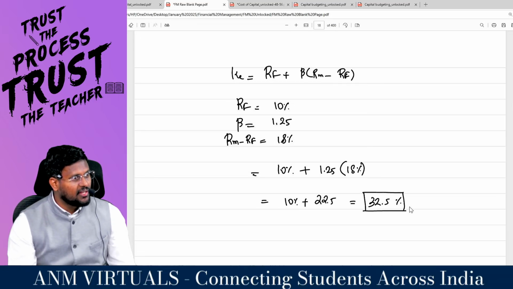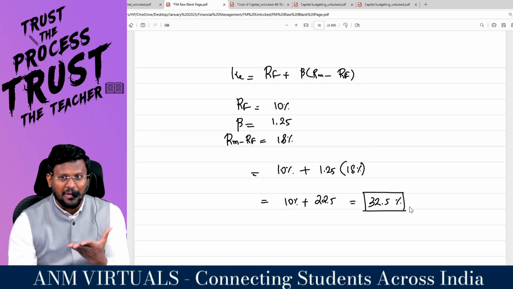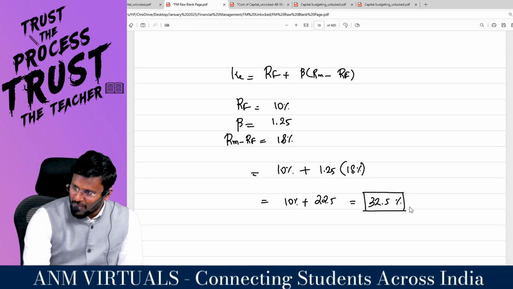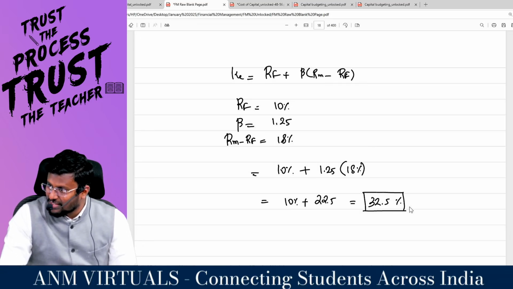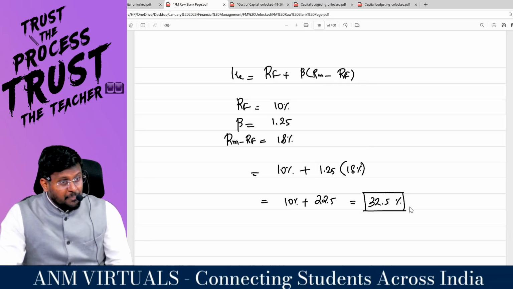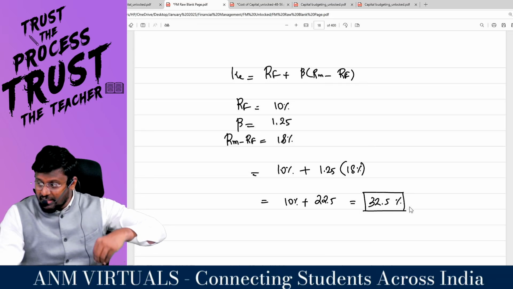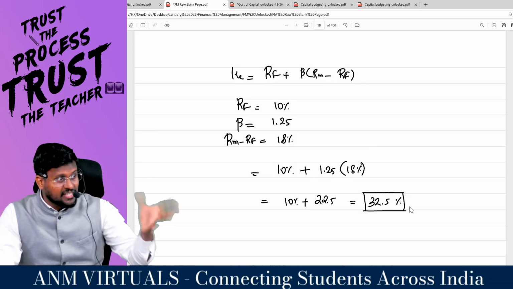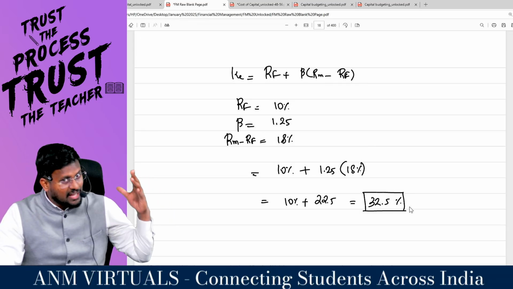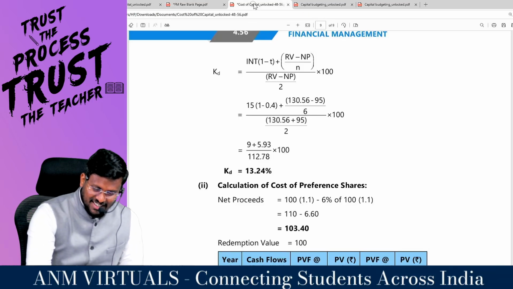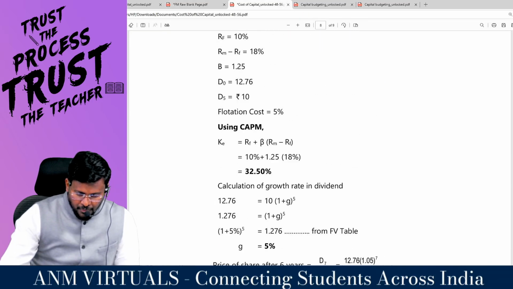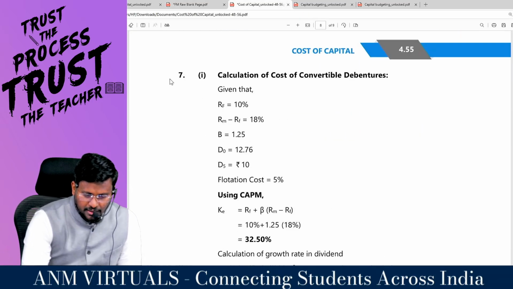32.5% is the KE. They are the real payee. Look at the expectation of the equity shareholders: if they give 100 rupees to the company, they are expecting 32 rupees 50 paise as a return. So we'll check the answer for this part.